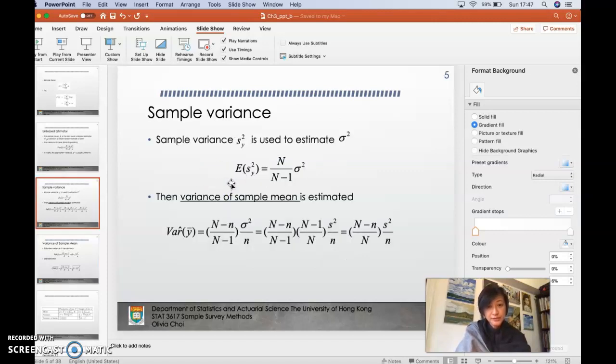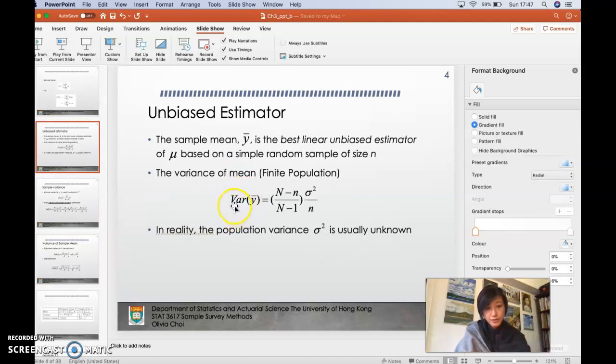Same as the case for the true value of the variance of y bar. If n increases, we have a smaller numerator and a higher denominator. So as a result, the variance of y bar would also reduce, right?